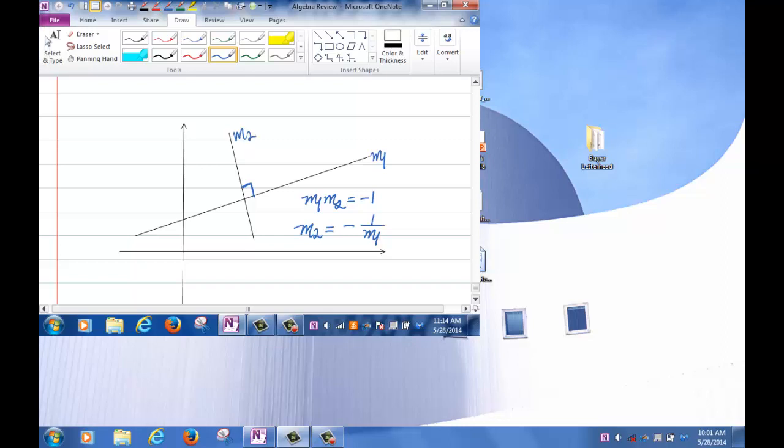Okay? So if you have two perpendicular lines, the relationship between the slopes is given by this equation. That's another fact that you need to remember. Am I making sense?